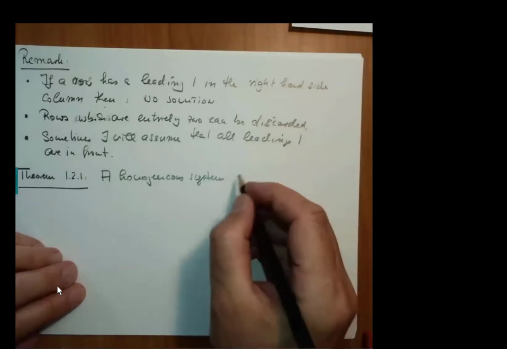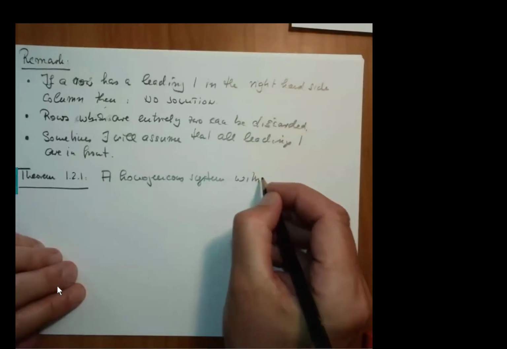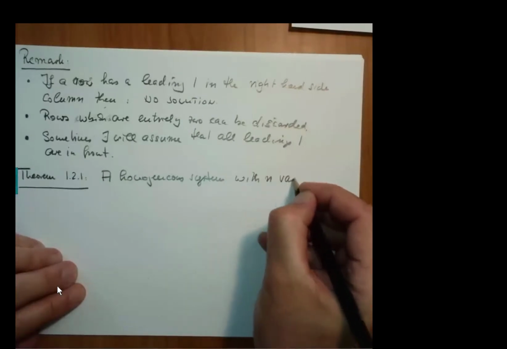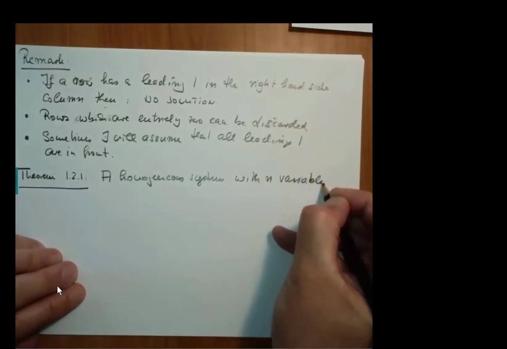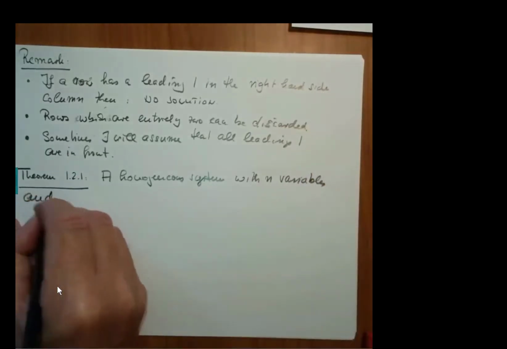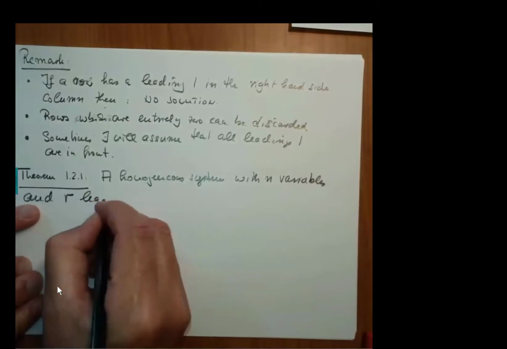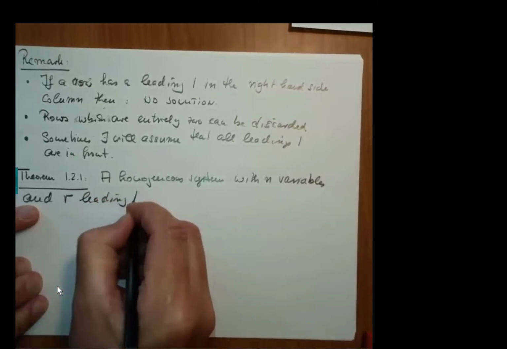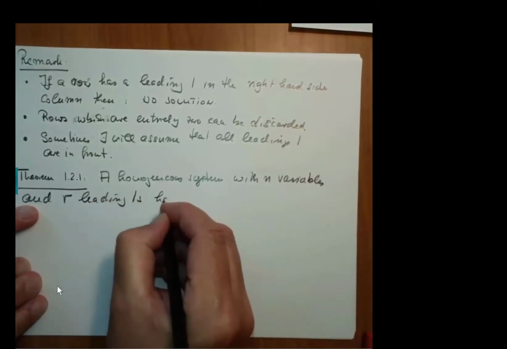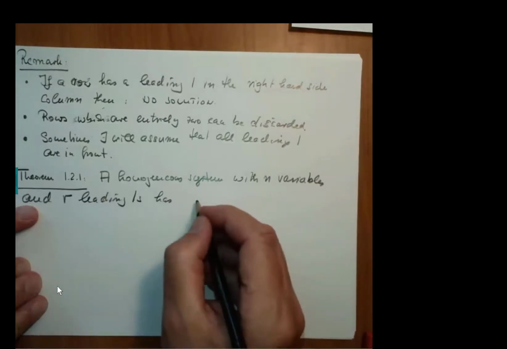A homogeneous system with n variables and r leading ones has how many parameters?